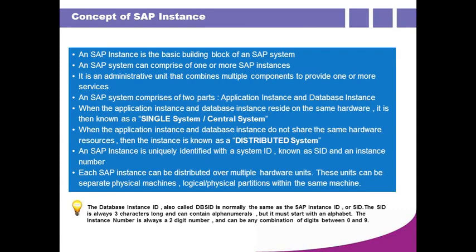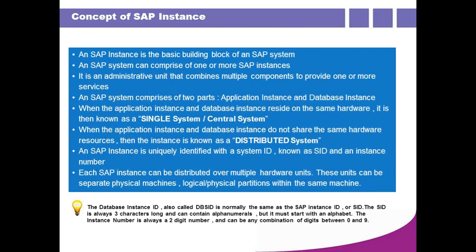If these 3 layers, or maybe SAP and database, are installed in a single system, that is called single system or central system. Means presentation, application and database layers are in a single system, a single server. As I told, for practicing SAP, we install everything on our laptop.